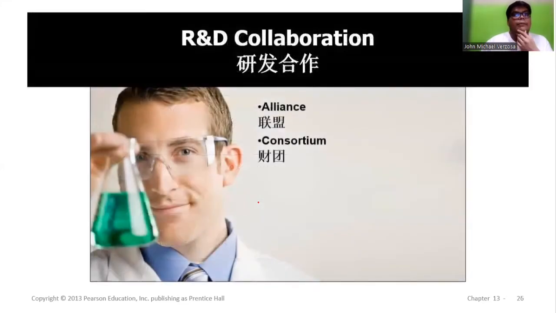Again, for R&D collaboration, it's either you go for an alliance or a consortium. So what is a consortium? Consortium is also known as an association usually made up of several business companies.